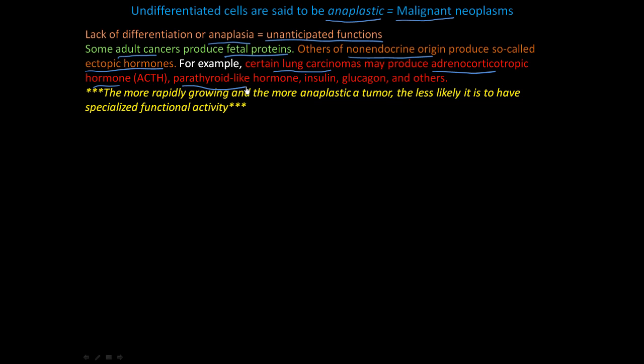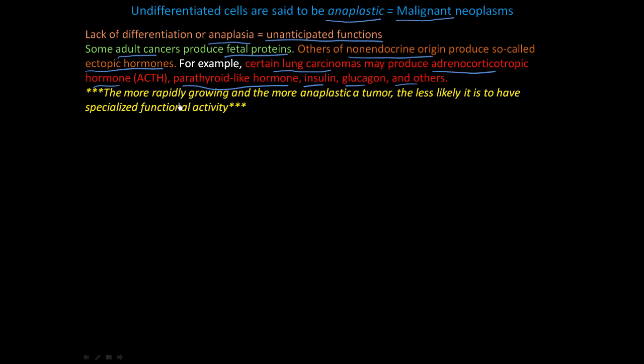They produce parathyroid-like hormones. Other cancers in the lung, they can produce insulin, glucagon, and other hormones. And so those are unanticipated events, and all these cancers would be described as lack of differentiation or anaplastic.